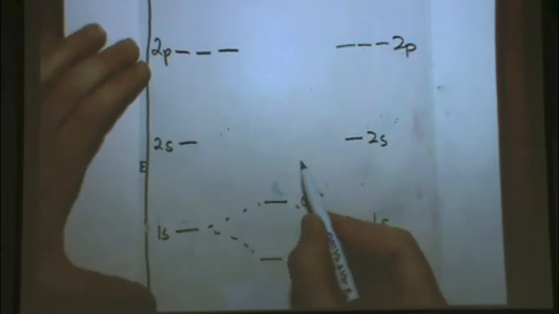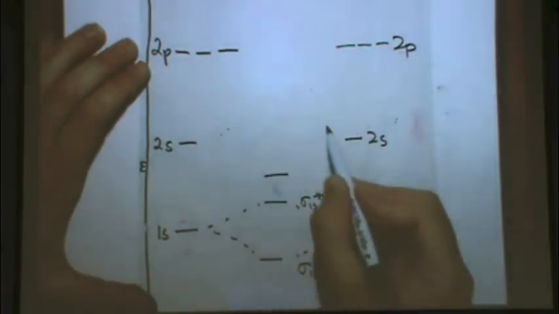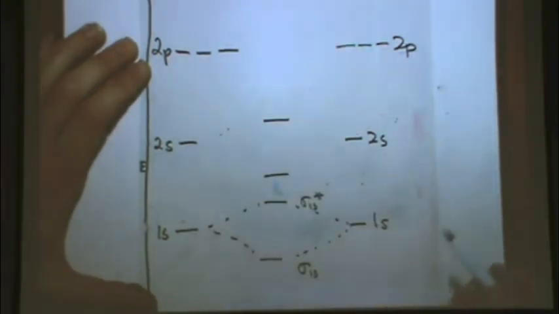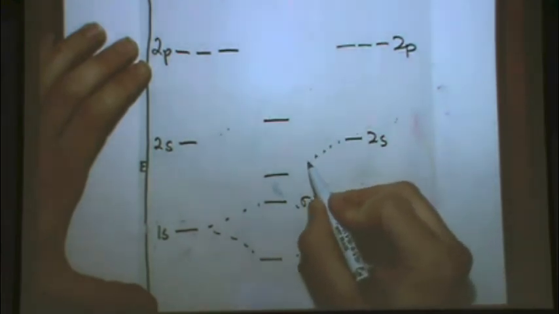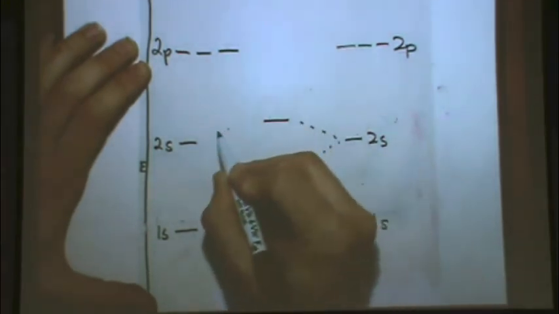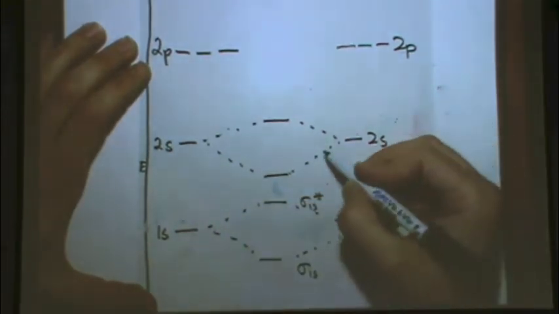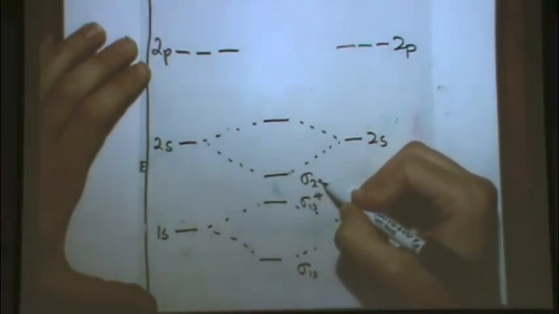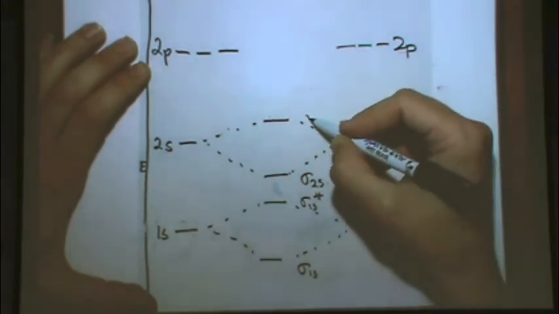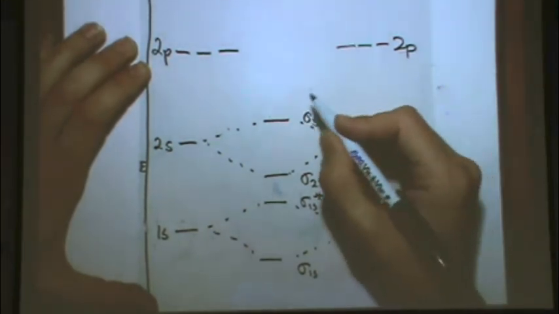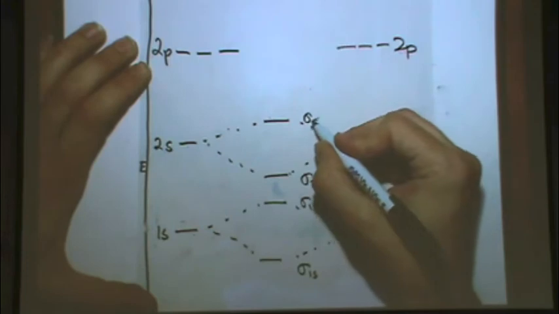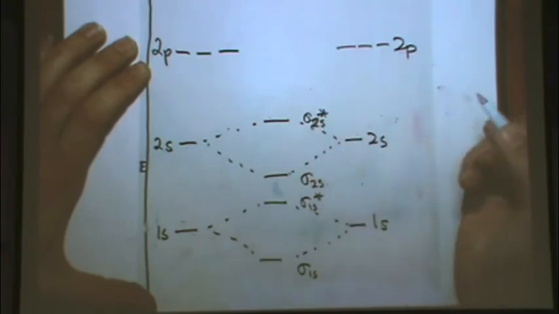How about the 2s? There's a bonding and antibonding just like before. Put little dashes to beautify this, show where it comes from. So it's a sigma 2s, because we're coming from a 2s, and a sigma 2s star.